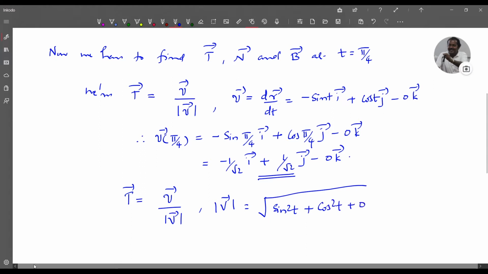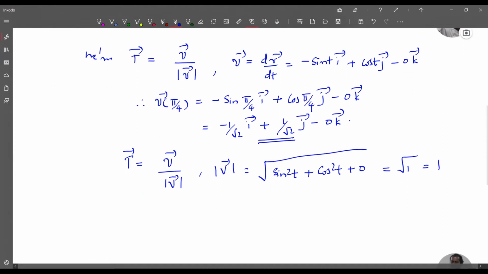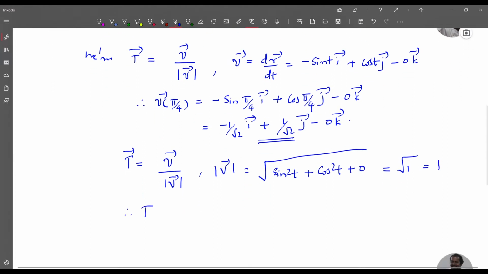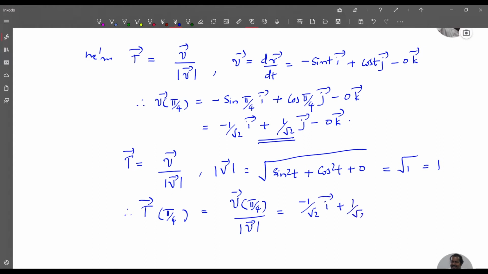So this is root 1, that is 1. Therefore, t at pi by 4 is v at pi by 4 divided by modulus of v at pi by 4. So this is equal to minus 1 by root 2 i plus 1 by root 2 j minus 0k.